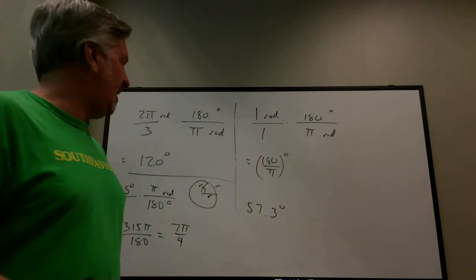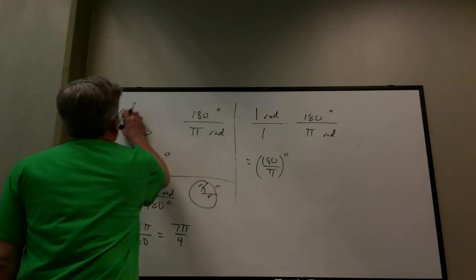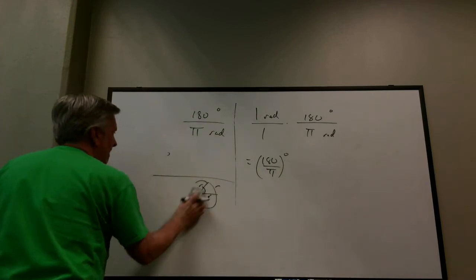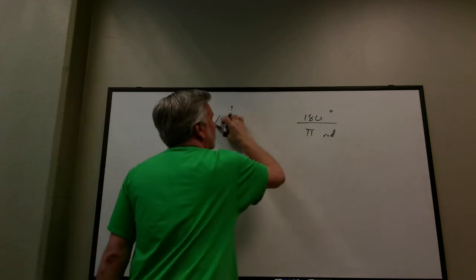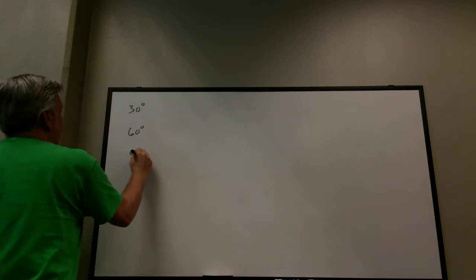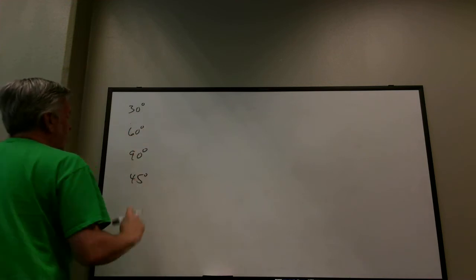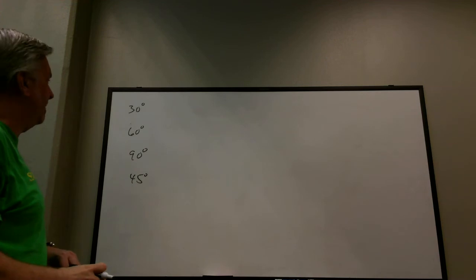Now, it shouldn't surprise you that we're really going to be interested in radian measures of angles in our special triangles. Now we did all that with degrees, but what were the interesting ones? The 30 degrees, the 60 degrees, the 90 degrees, and the 45 degrees. Those were the angles in the special triangles.